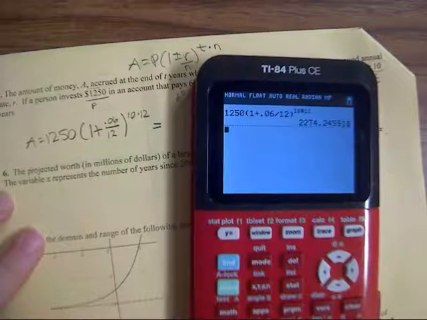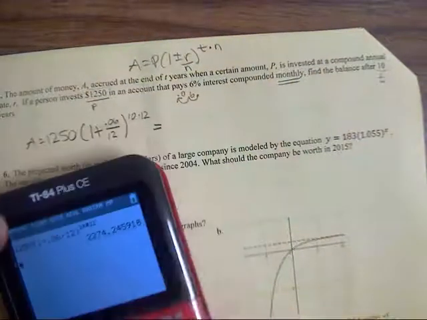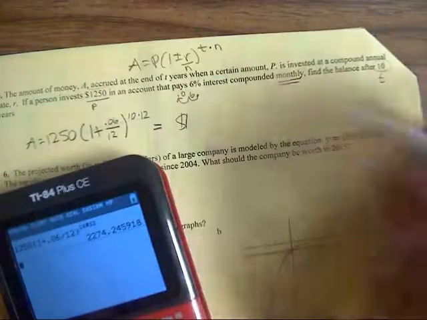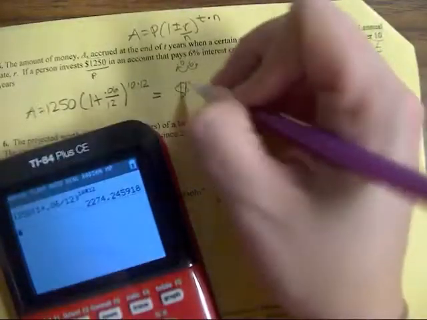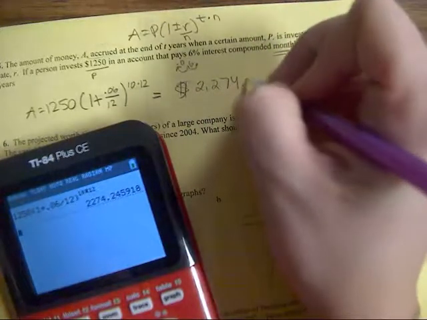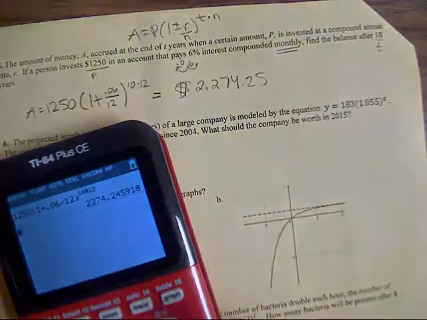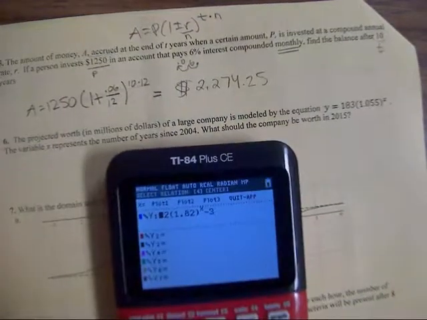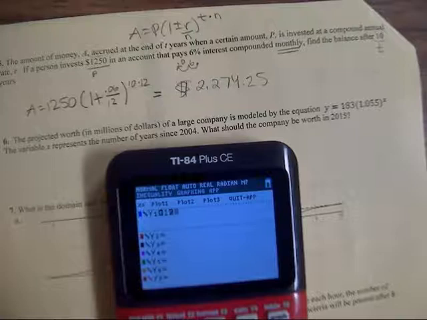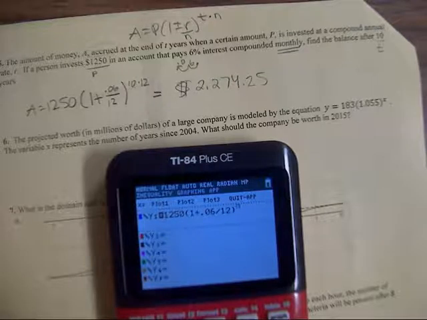All right, so looks like after 10 years, we're going to have about $2,274 and about 25 cents. Okay. You could have also put it into your y equals if you wanted to. 1,250, 1 plus 0.06 divided by 12, but then you would have raised it to the 12x.